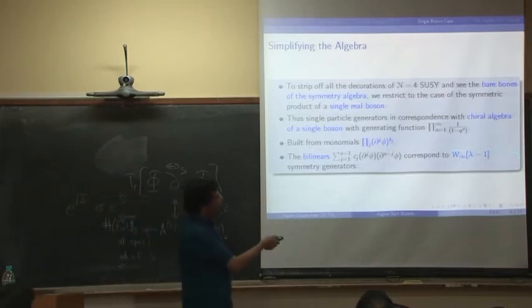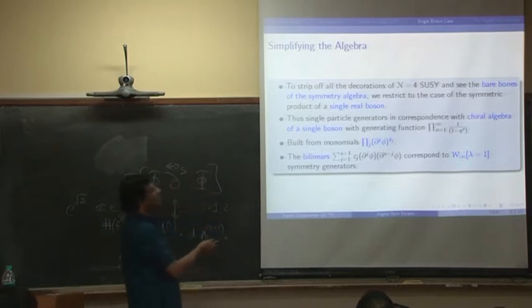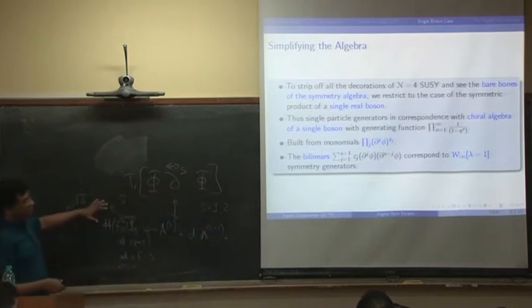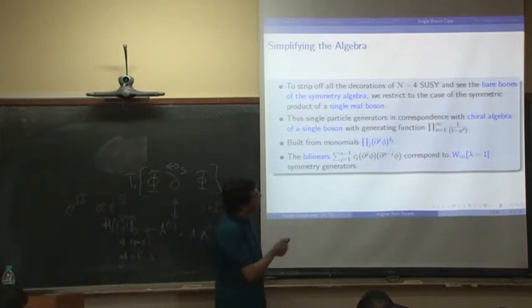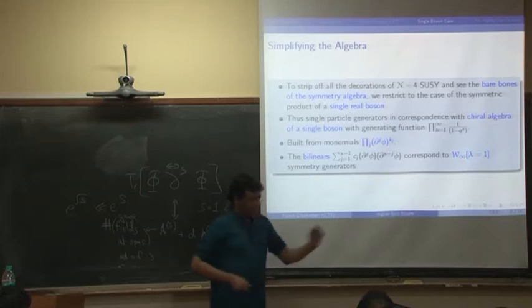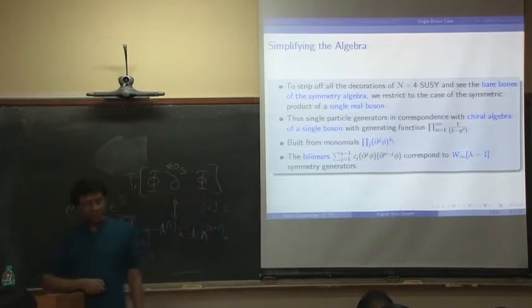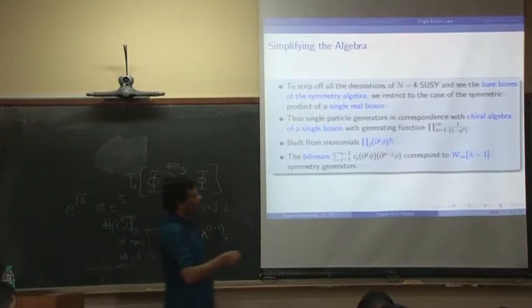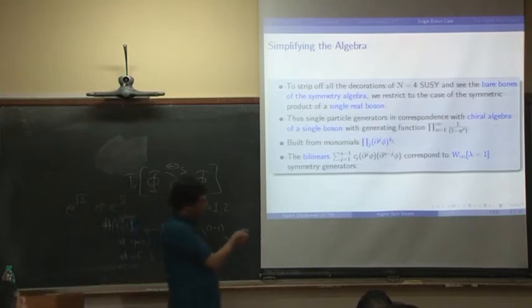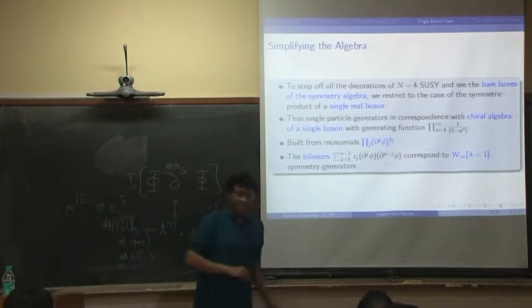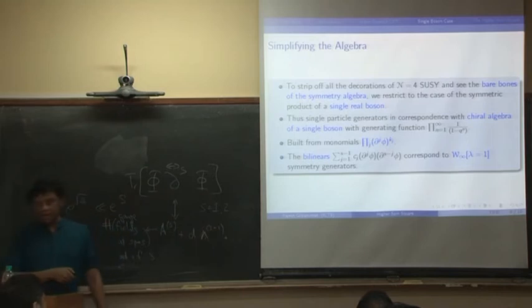Or in the CFT language, they are the generators of the so-called W infinity symmetry algebra. In this particular case, for a free boson, the W infinity symmetry algebras are labeled by a parameter. The free boson corresponds to when that parameter takes the value 1. But anyway, never mind that. That's just to fit the algebra of this into a broader context.